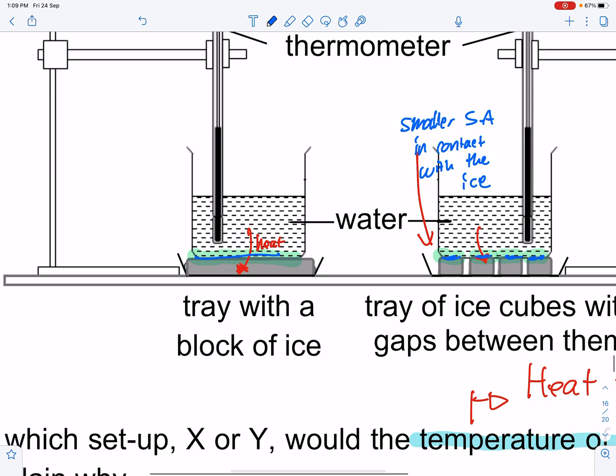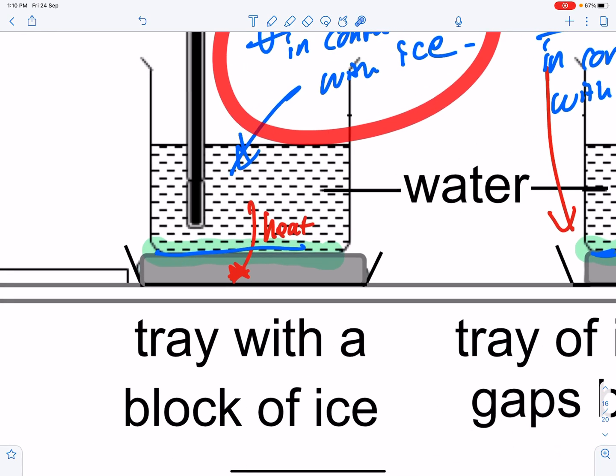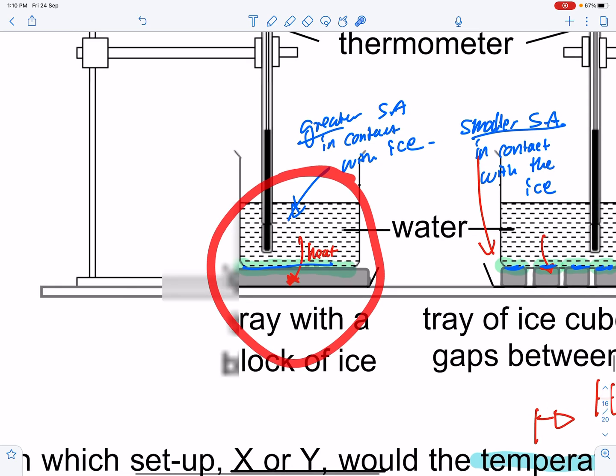Whereas this one over here has a greater surface area of water in contact with the ice. Because this one has a greater surface area, there is more surface area for heat to be lost from the water to the ice. So therefore, temperature would drop faster in this setup over this setup.